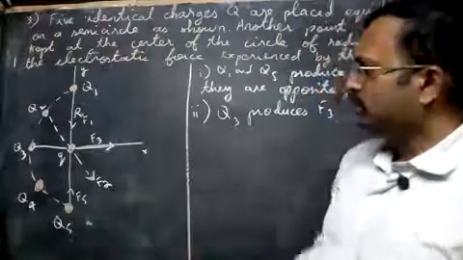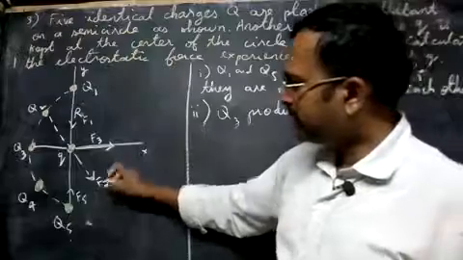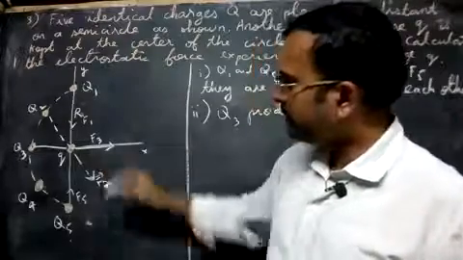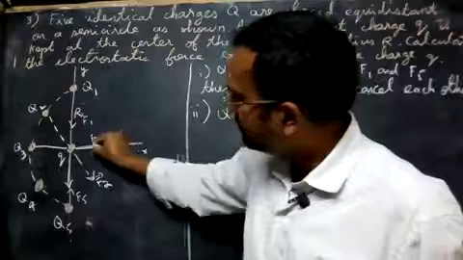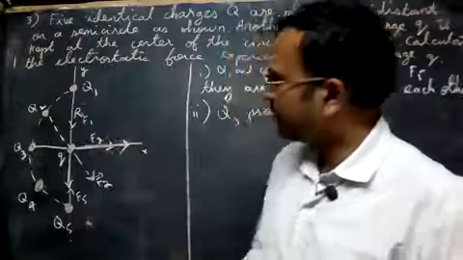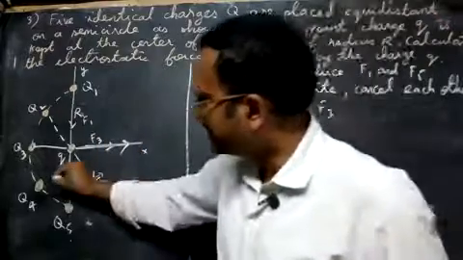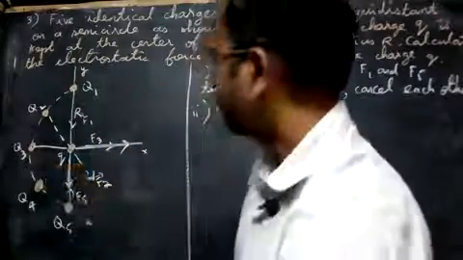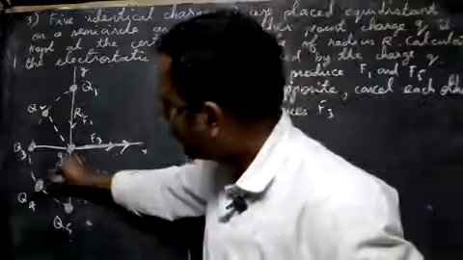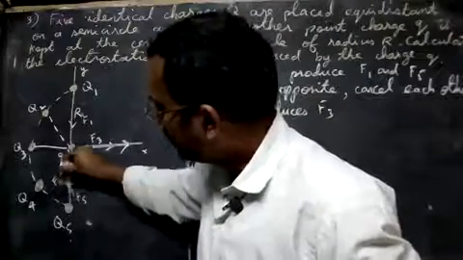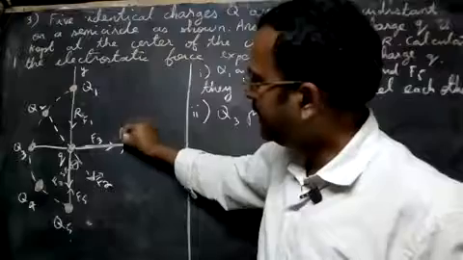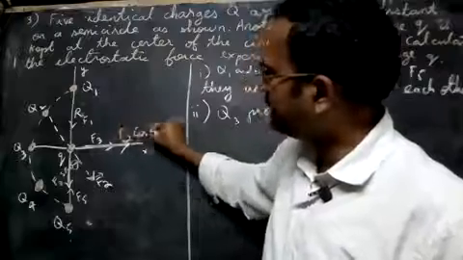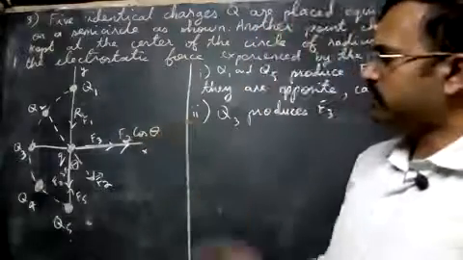So this force F2 is resolved into two components: this will be the vertical component, and this will be the horizontal component. The vertical component is F2 sin theta, and the horizontal component will be F2 cos theta.